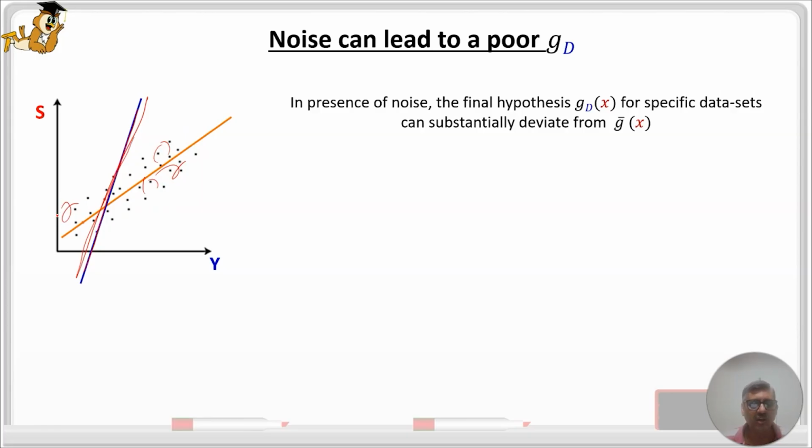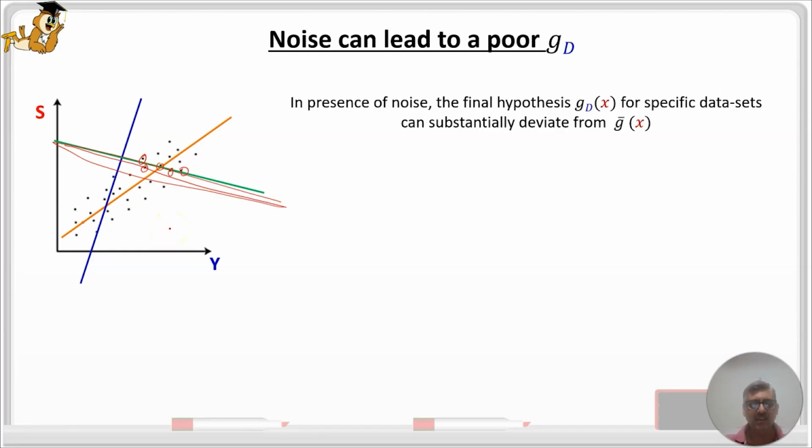So your final hypothesis GD of x, if you were given just these points, would be terrible. Similarly, if your training data by some quirk of fate had these points, this would be your final hypothesis, which again is a disaster.